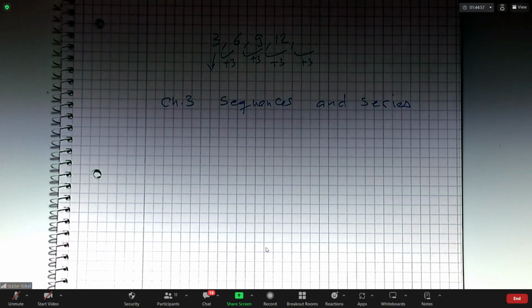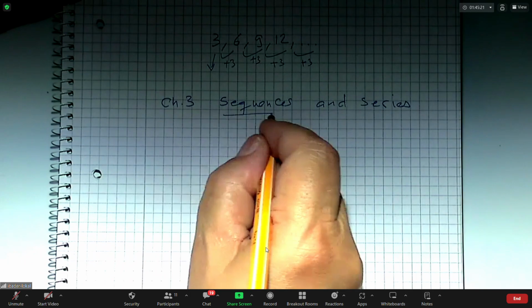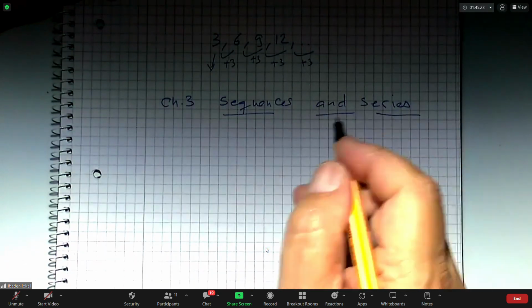So we will see the exact definition of that. Okay, so a sequence and a series. So this is the title.